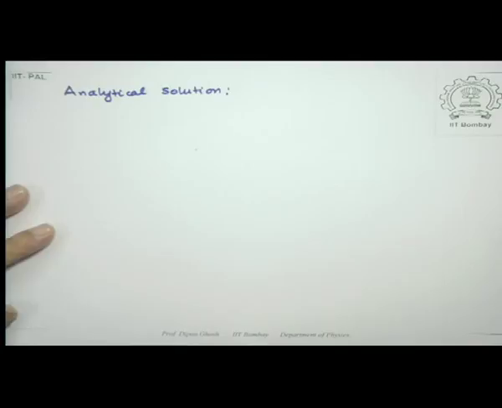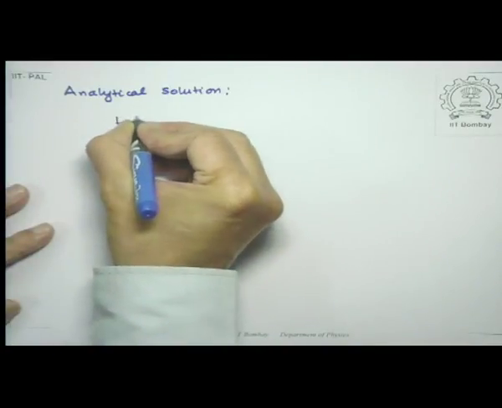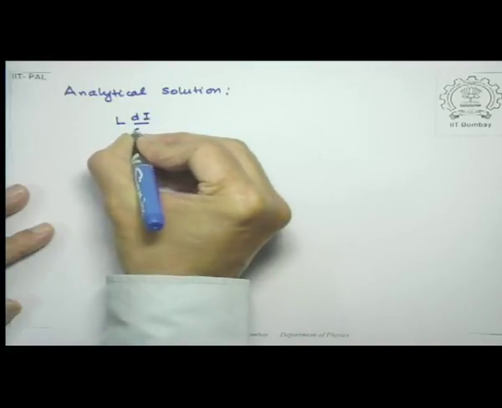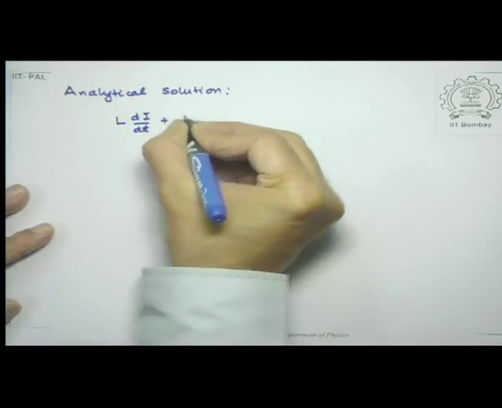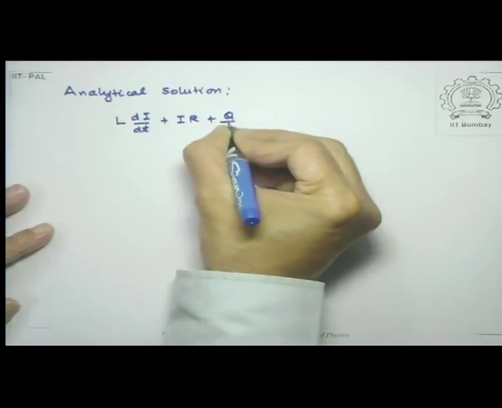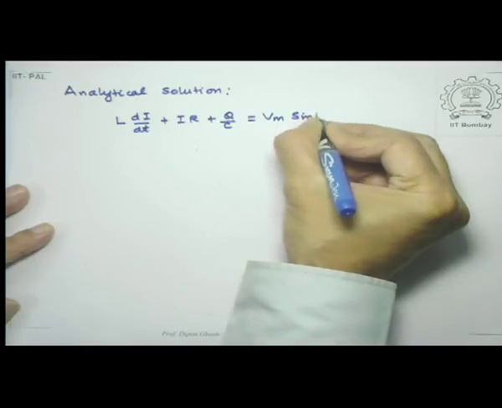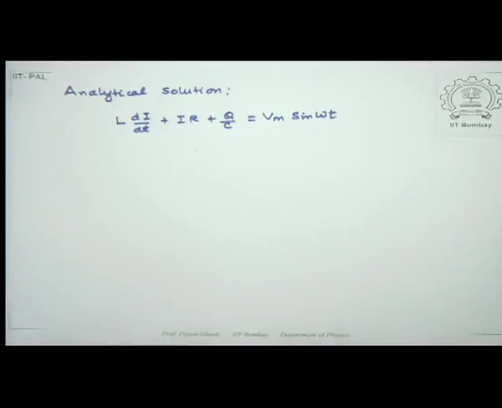So using Kirchhoff's loop law, I can write down the equation as L di by dt plus IR plus Q over C is equal to Vm sin omega t, where Q by C comes because that is the voltage drop across the capacitor.